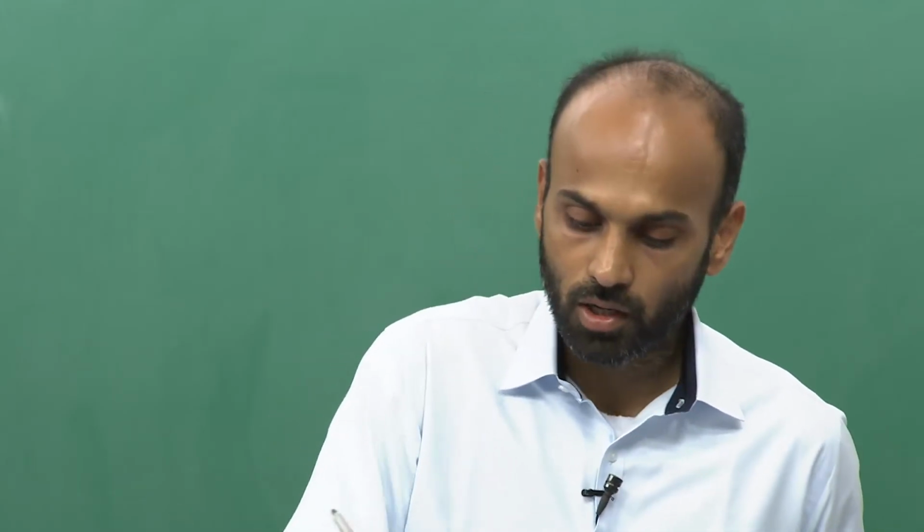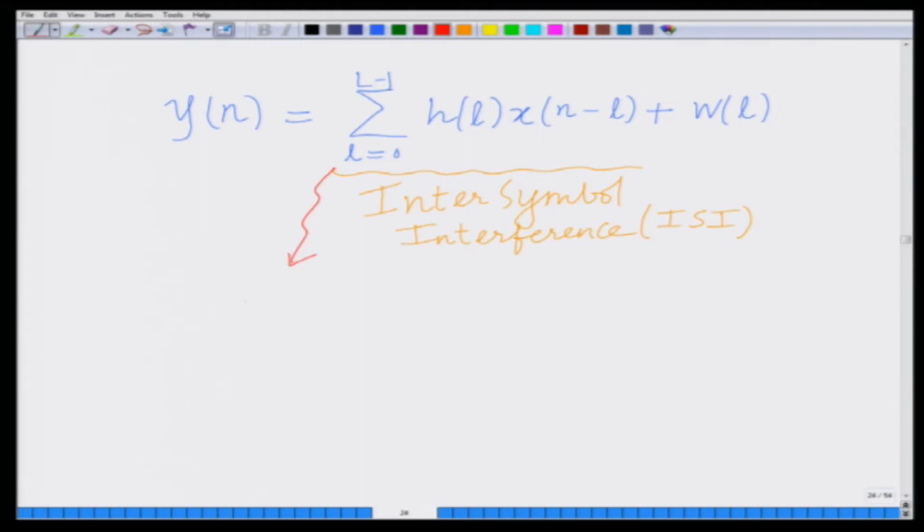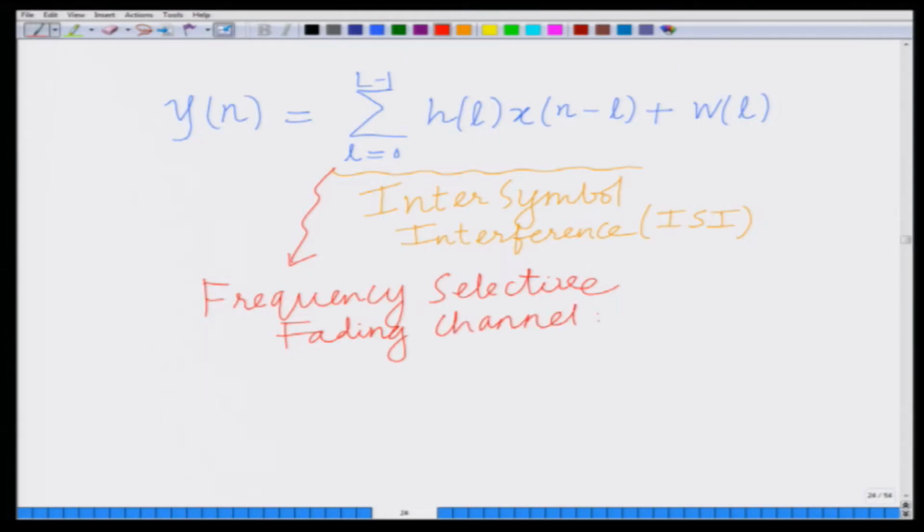So, therefore, this ISI channel is basically the model for a frequency selective fading channel.